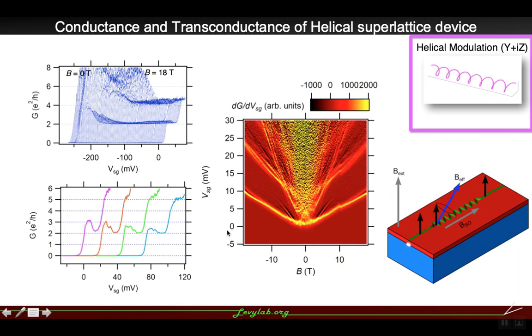And especially for the helical superlattice device, we could see from the conductance figures there's some fluctuation around the plateau. It's very interesting, and it may be correlated to the spin-orbit coupling combined with the magnetic field we applied. That's some work.